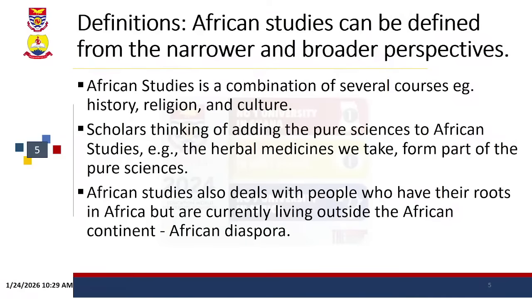Yes, we have spoken about the African diaspora, and I have given you what African diaspora means. But one thing that African studies is also more interested in is the phenomenon of the returnees.